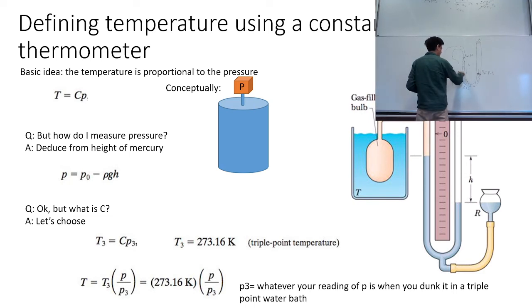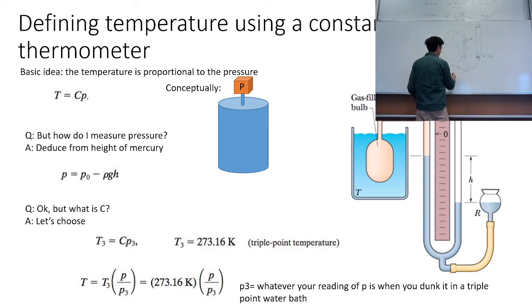So this force at this point here has to be equal to this force over here. So basically what we have is PA plus rho AH has to be equal to P0 A. All these A's actually cancel.